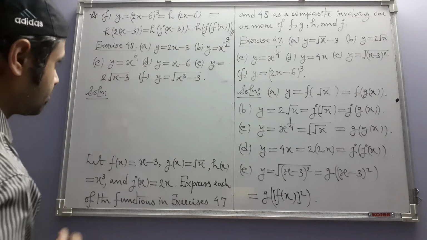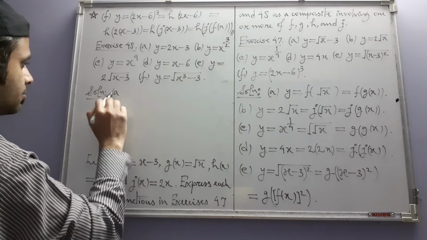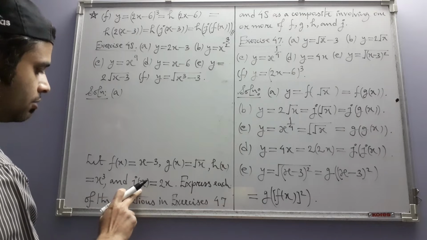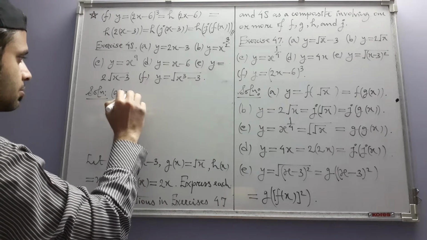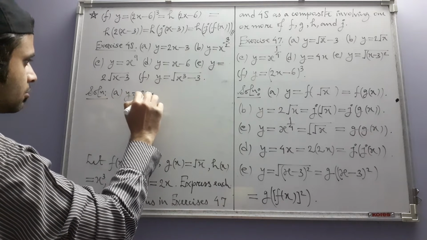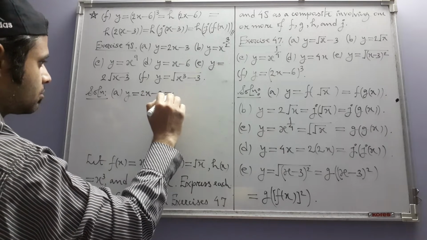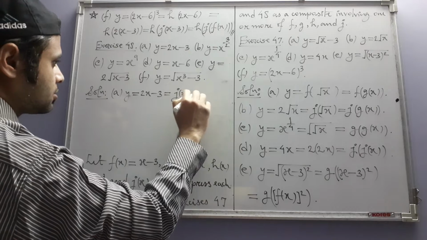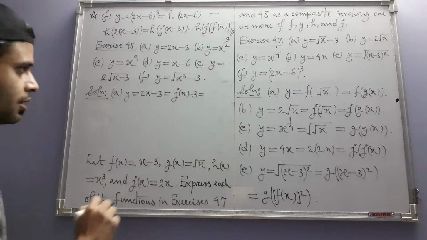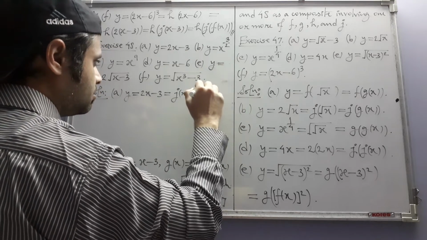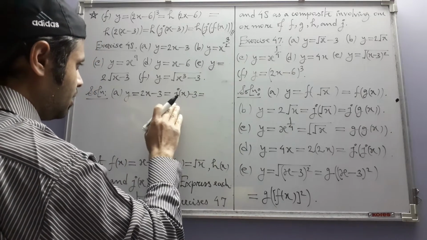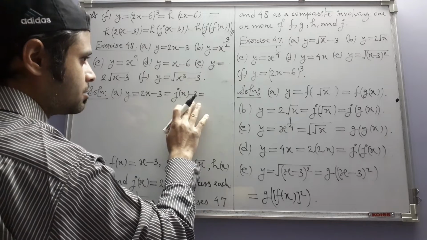Okay, so let us start. A, 2x minus 3. 2x means j of x, j of x minus 3, and minus 3 means f. So this time around we have written the innermost one like this first.